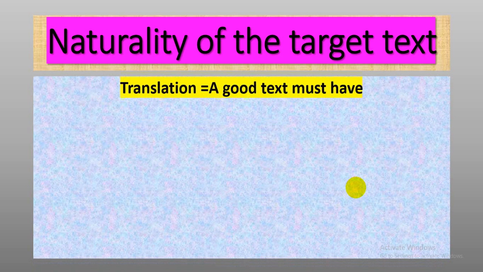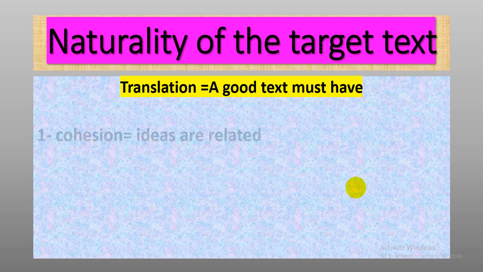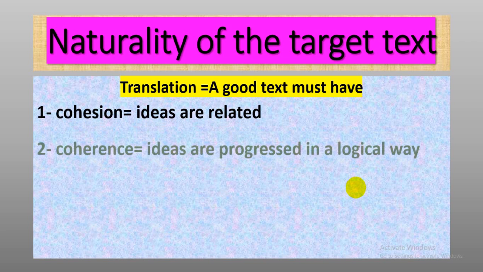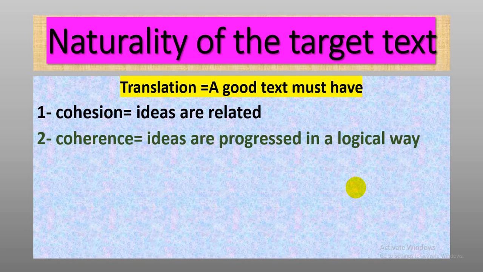So here, according to de Beaugrande and Dressler, we could say any group of words is a text if it has the following conditions. Number one, the ideas in this group are connected. Two, that they are logically progressing.